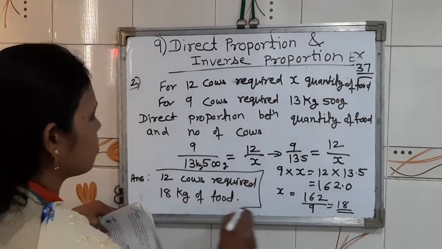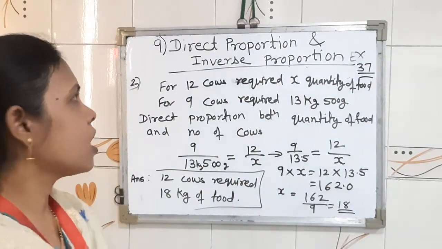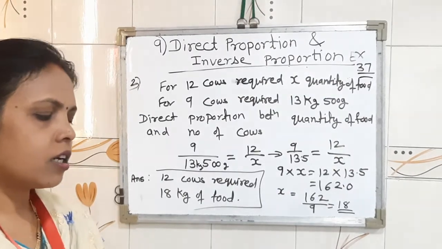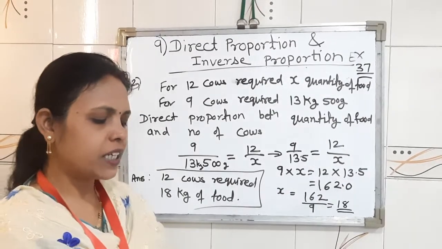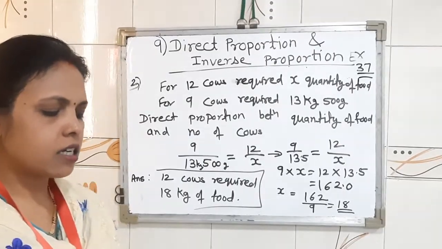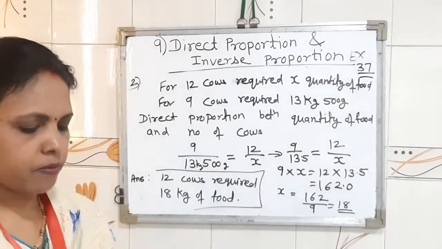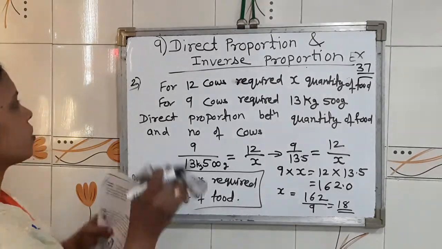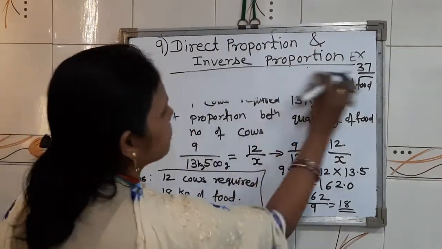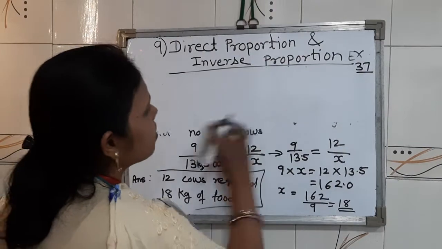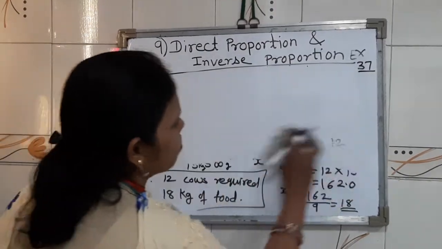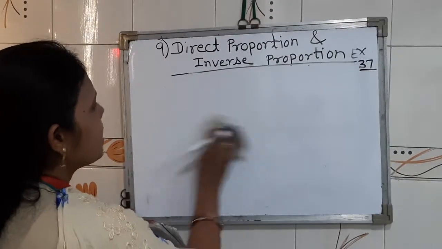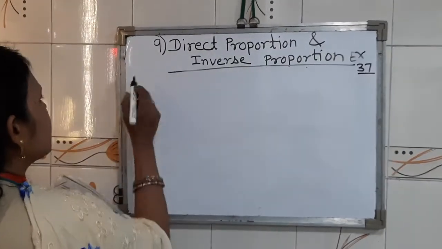Answer is this one. So children, here is question number fourth. The cost of 12 quintals of soyabean is 36,000 rupees. How much will 8 quintals cost?